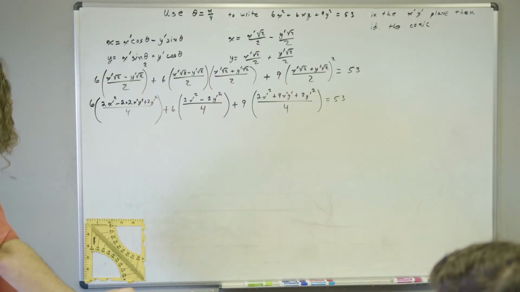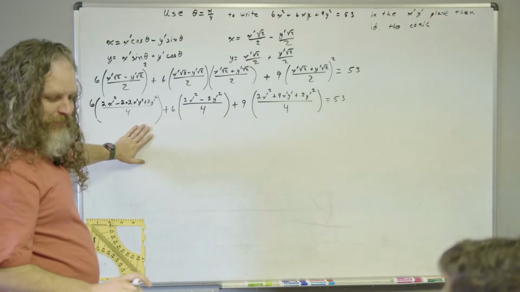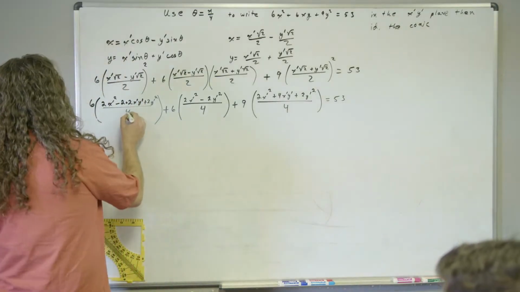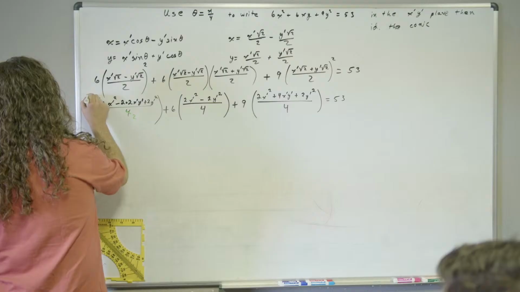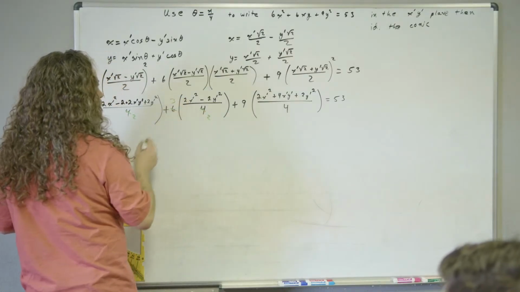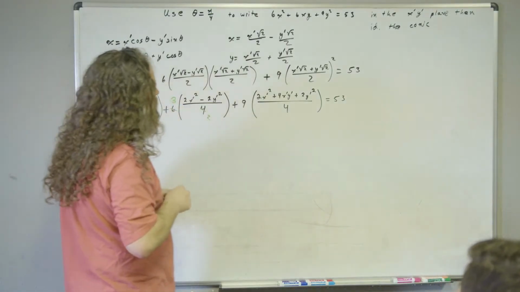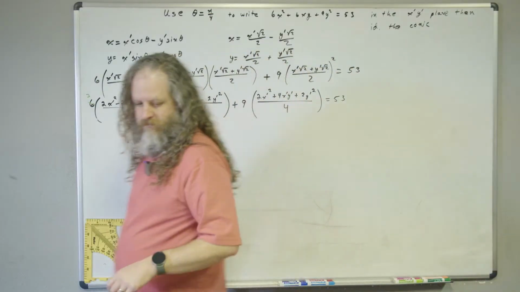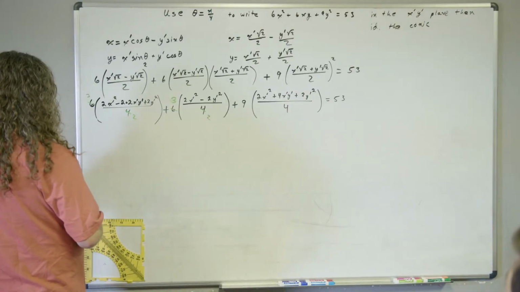Let's distribute the 6s, but we can pre-reduce on these. Let's do that, 2 and 3, right? Grab our other color and turn this into a 2, and this into a 3, and this into a 2, and this into a 3. The other one is kind of special, both are perfect squares, so we can divide them by 2.